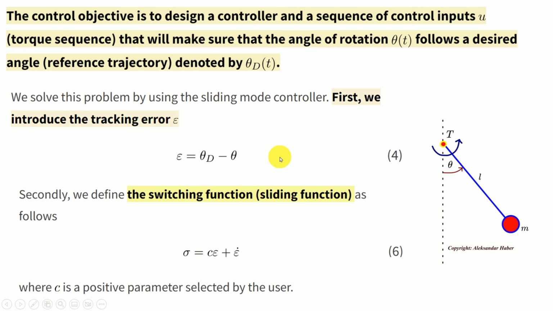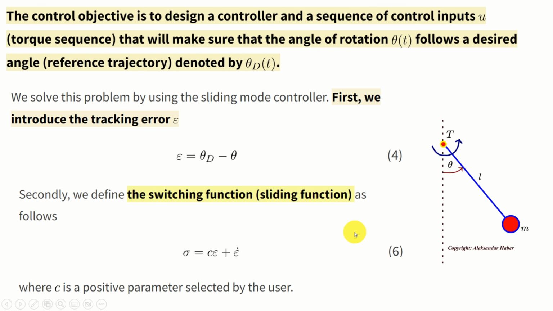We solve this problem by using the sliding mode controller. As always, the first step is to introduce the tracking error. The tracking error, denoted by epsilon, is given by this equation. It is equal to the difference between the desired trajectory and the value of theta.